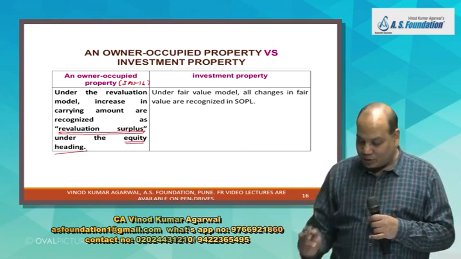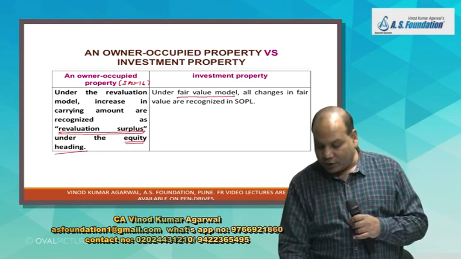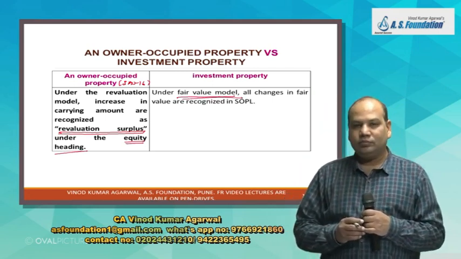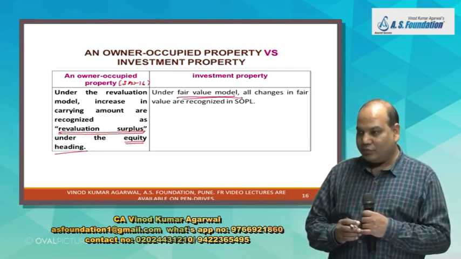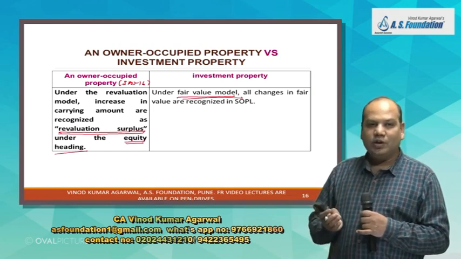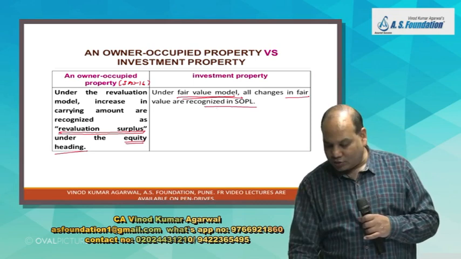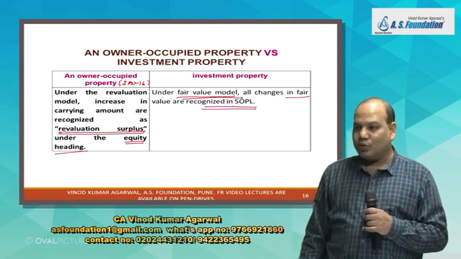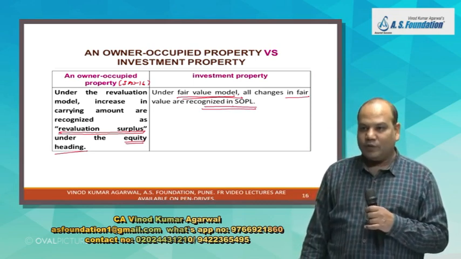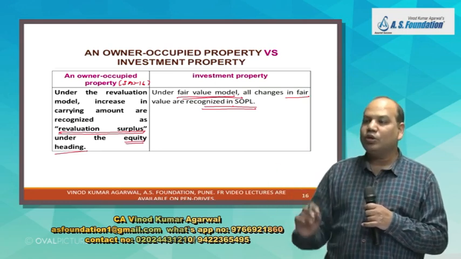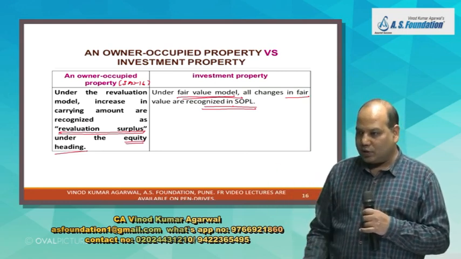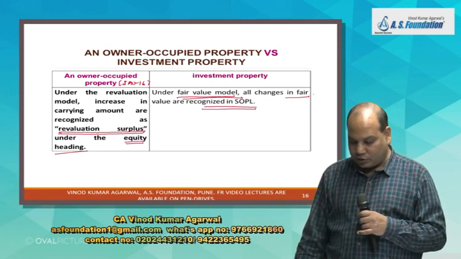But if you are following the fair value model under this standard, and if there is an appreciation in the value of the property, you are going to charge or credit to SOPL, the statement of profit and loss, not to the revaluation account.